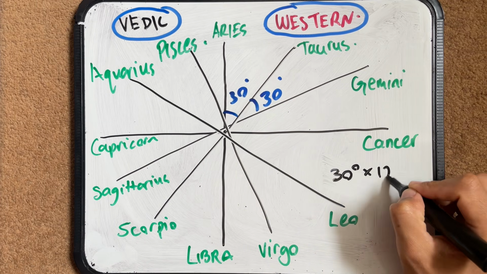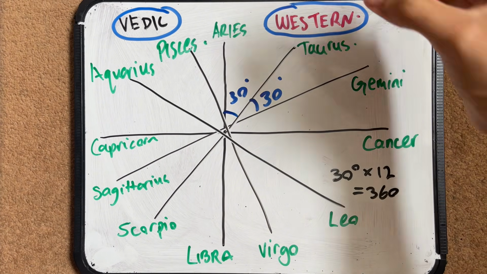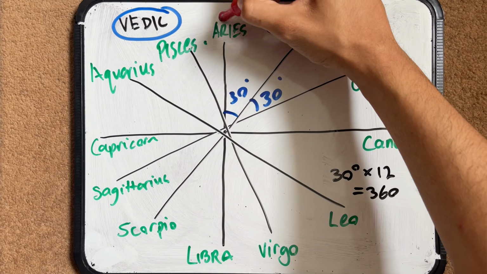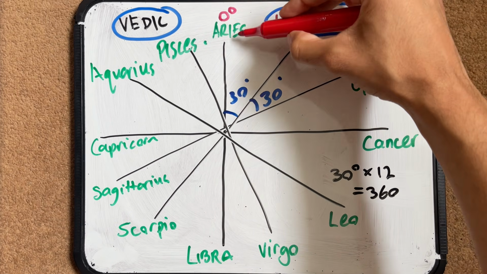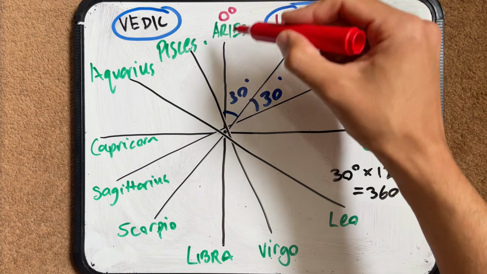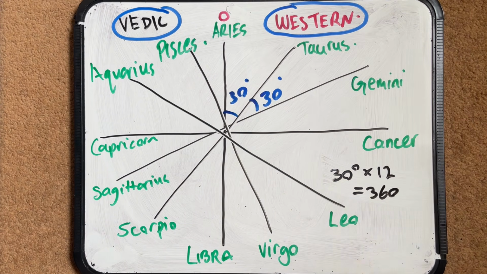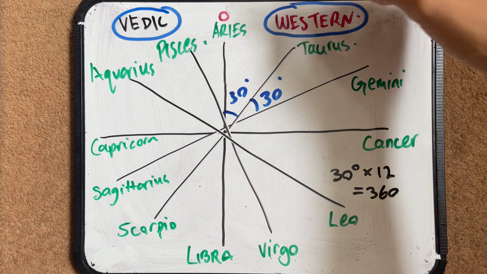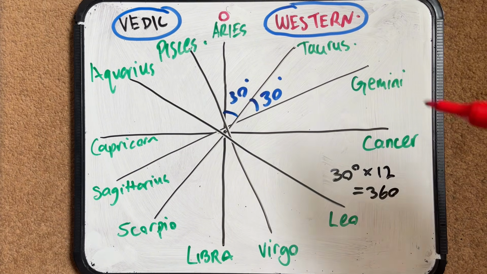In tropical astrology, 0 degrees is where Aries begins, at the spring equinox. The spring equinox usually happens around the 21st of March. This is the point where day and night are approximately equal. So tropical astrology is connected to the seasons.